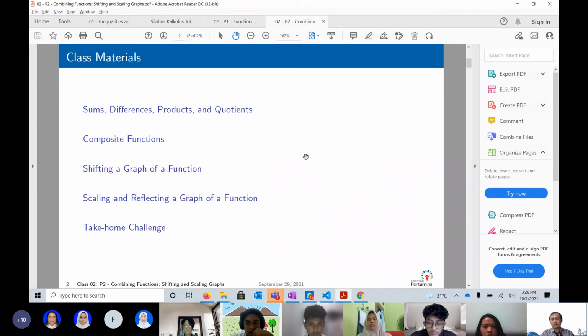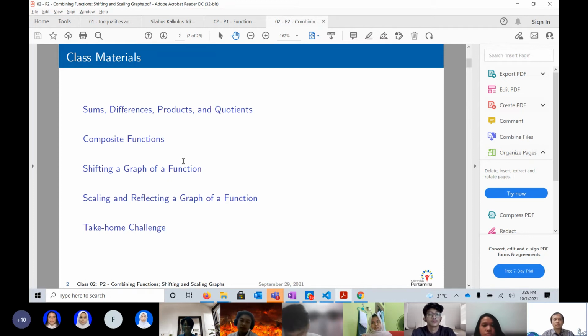In the last 14 minutes of this session, I will try to explain as far as possible the materials in these slides. But if I cannot finish this slide, then we will learn about it in our next meeting. So next meeting we will continue from where we stop here.